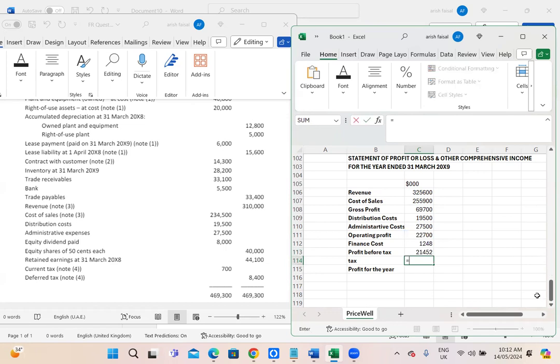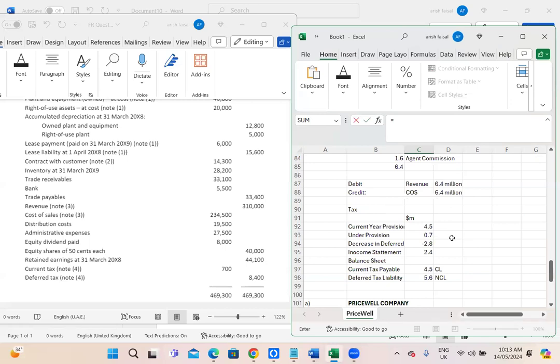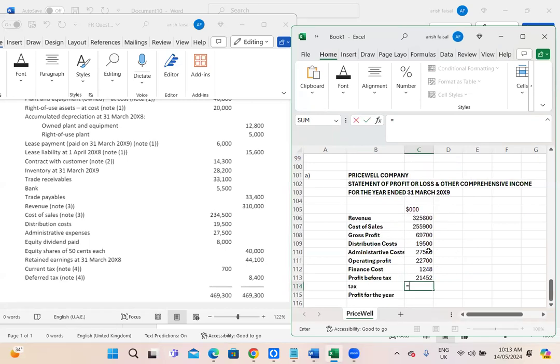Then you have the tax, which we have already calculated at, I believe, 2400 here. So 2400. So this gives me the final profit for the year of 19052. So that's the profit for the year.